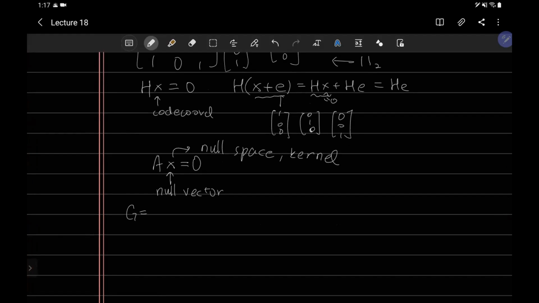If this is a generator matrix, we can call each of the columns G1, G2, and so on up to G sub m. In principle, if I just multiply the generator on the 1, 0, 0, 0 column vector message, then I will obtain the G1 column vector.